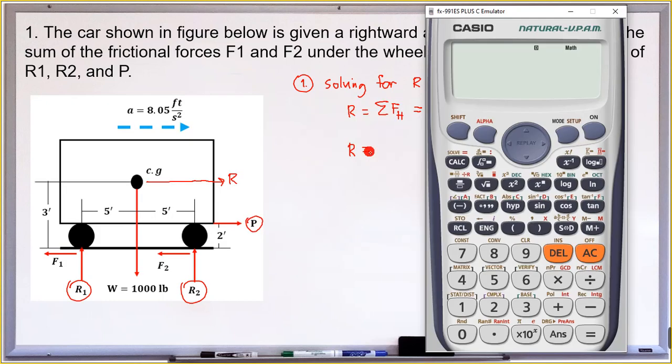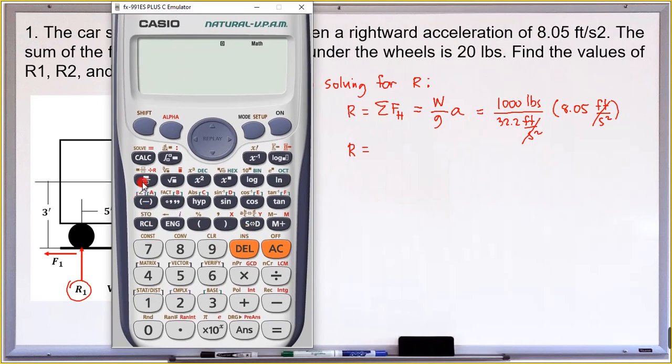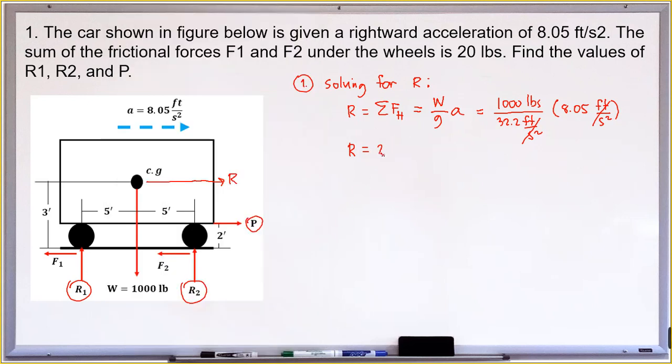So our resultant force, let's use a calculator. We have 1,000 times 8.05 divided by 32.2. So that is 250 pounds. That is our resultant force.